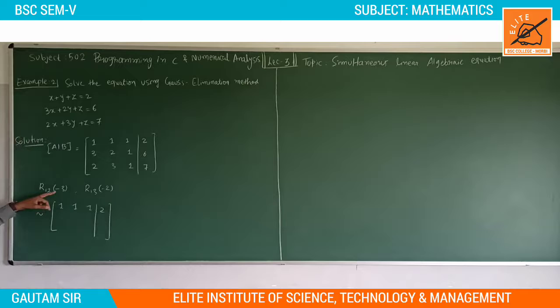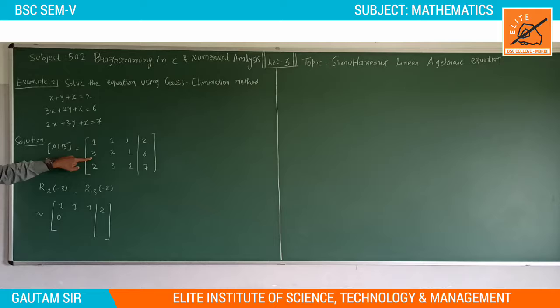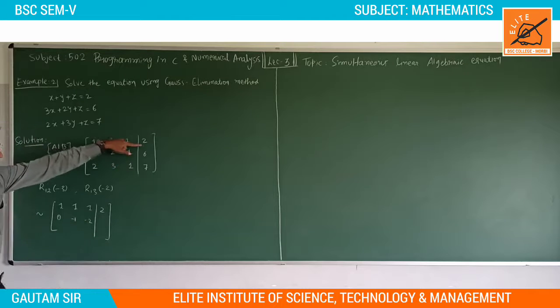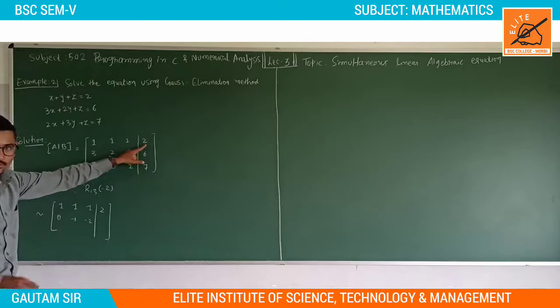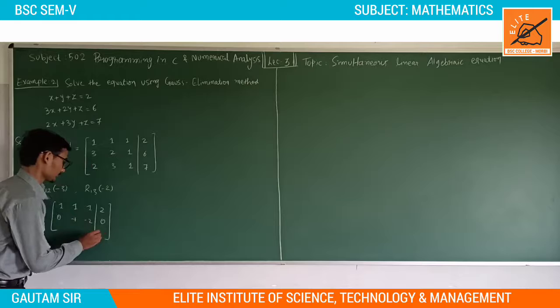The first row multiplied by minus 3: minus 3 plus 3 is 0, minus 3 plus 2 is minus 1, minus 3 plus 1 is minus 2, and minus 3 into 2 is minus 6 plus 6 is 0.